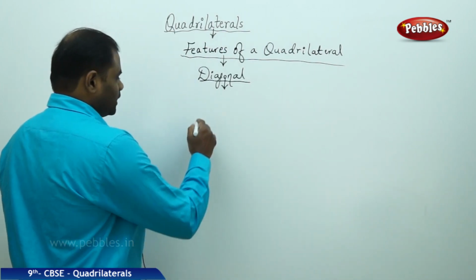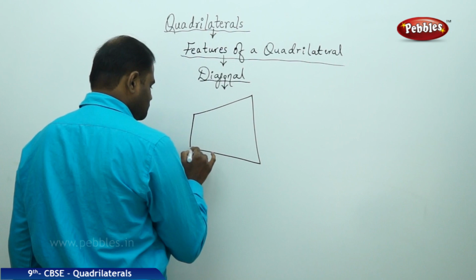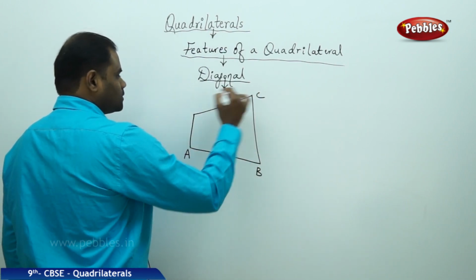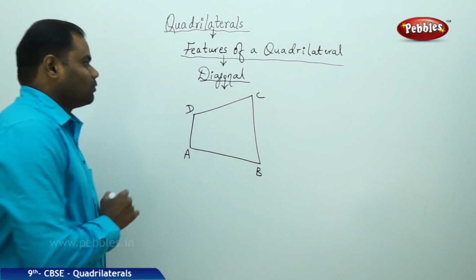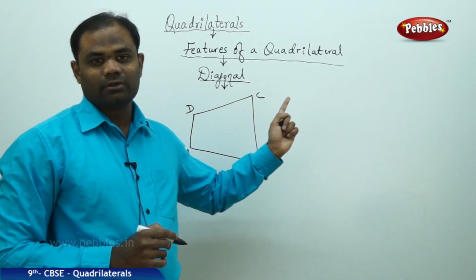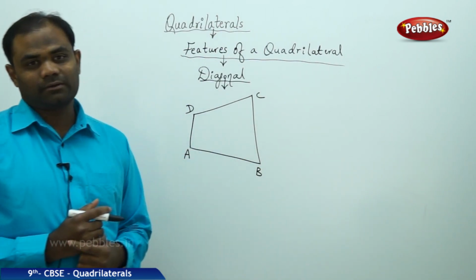Let me take a quadrilateral ABCD. Now we know that this is a four-sided closed region which is called a quadrilateral. So ABCD is a quadrilateral.